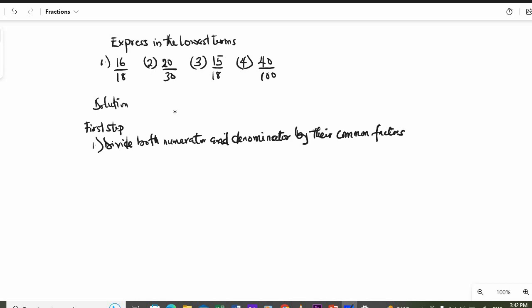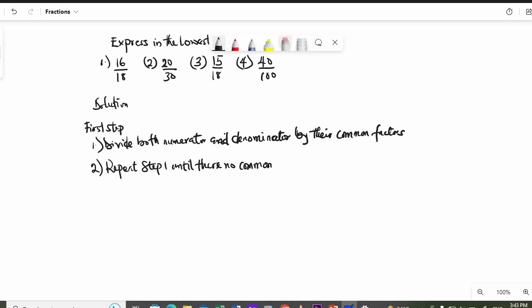And the second step is to repeat step 1 until there is no common factor.